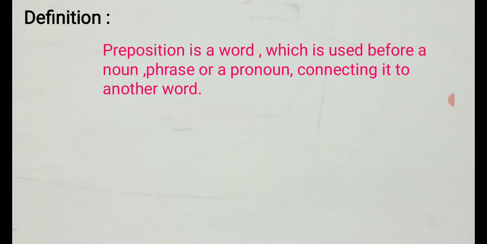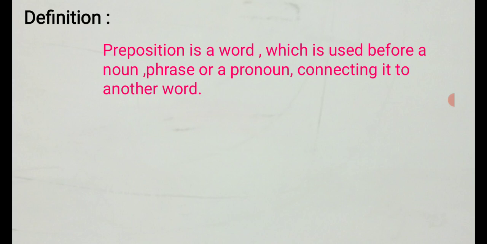Now let's see the definition according to the rules. What is the preposition? A preposition is a word which is used before a noun, phrase or a pronoun, connecting it to another word.